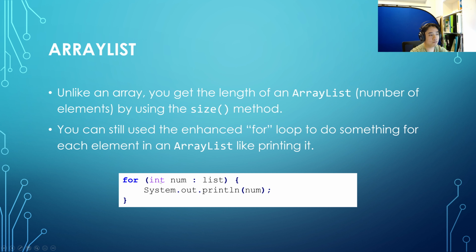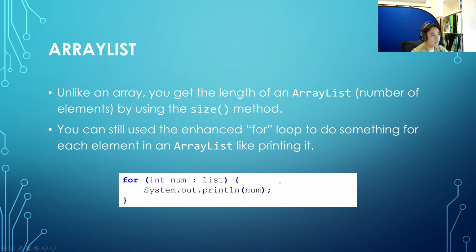Inside though, instead of starting a counter and giving it conditions and how it's changed, we just first declare a variable that represents each element, and your data type has to be compatible with the list that you specify here.